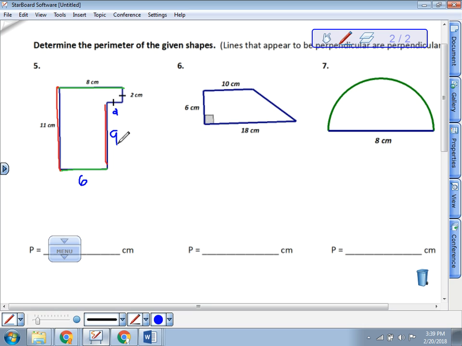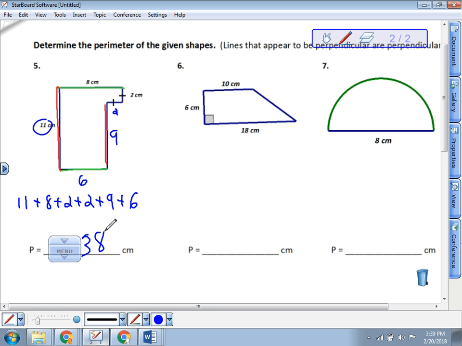To find the perimeter, add up all the sides. I'll start over here with the 11. 11 plus 8 is 19, plus 2 is 21, plus 2 is 23, plus 9 is 32, plus 6 is 38. So this one would be 38 centimeters. Just add up all the sides.